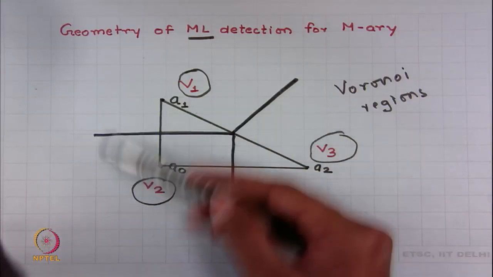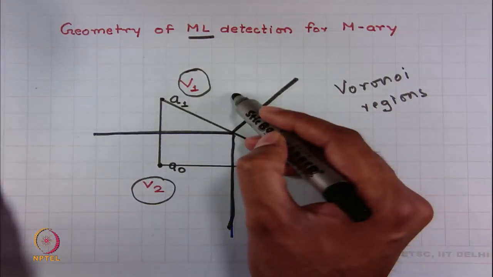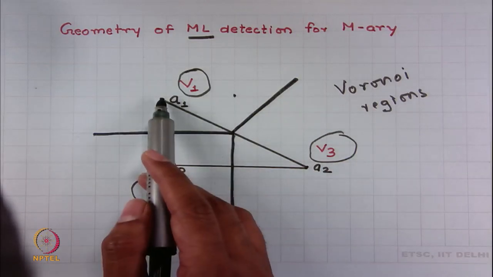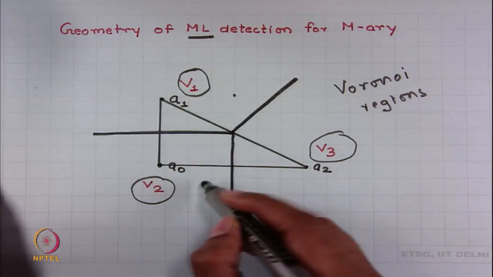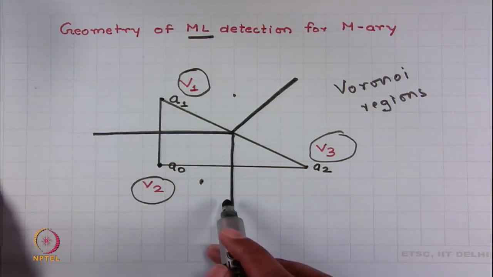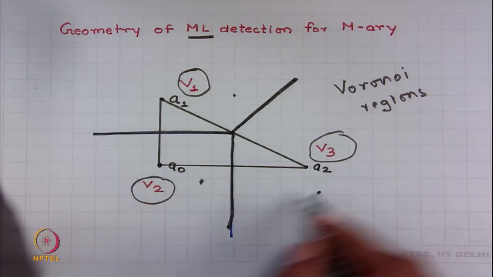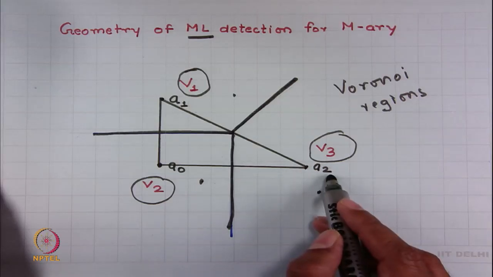And now the detection is simple. If the received symbol falls in this Voronoi region, then I go with hypothesis 1. If the received signal falls in this Voronoi region, then I go with hypothesis 0. If the received signal falls in this Voronoi region, then I go with hypothesis 2.